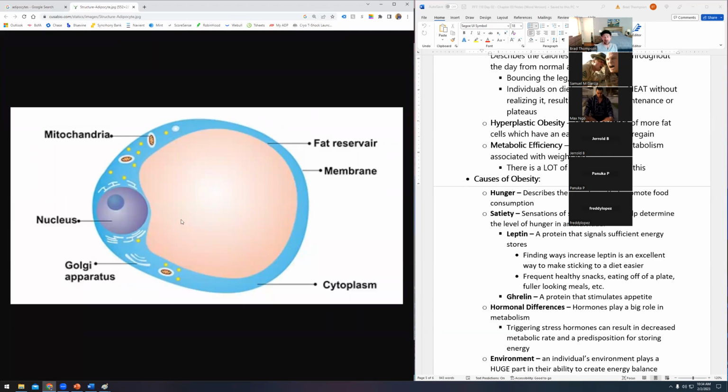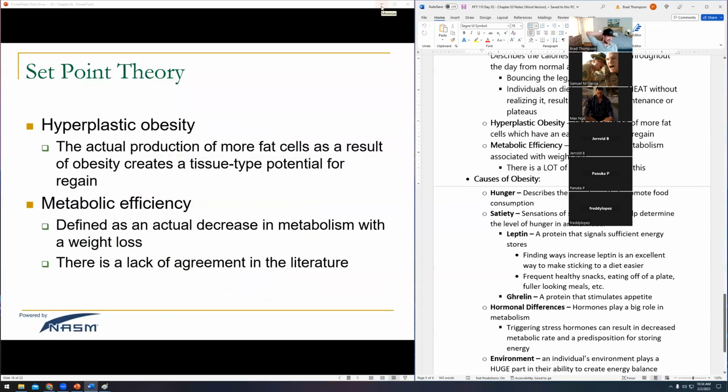So if this fat reserve gets full and it divides, now you have two fat cells. Two fat cells means you've got more space to fill. So you have an increased production of fat cells, and your body doesn't just get rid of cells unless you actively destroy those fat cells, which is where you hear about things like cryolipolysis, for instance.